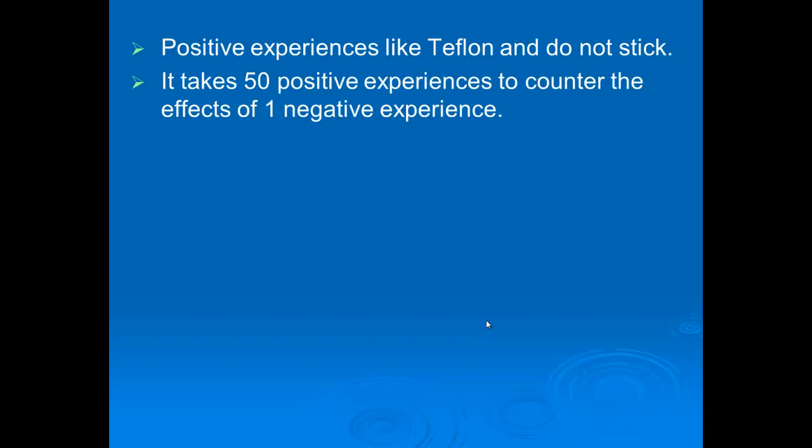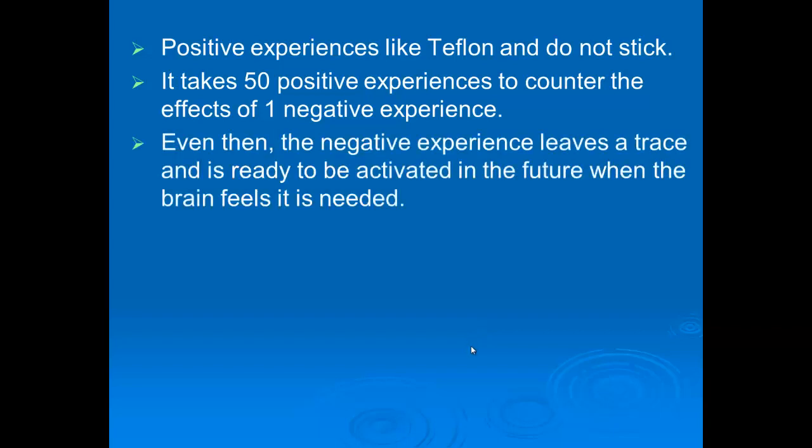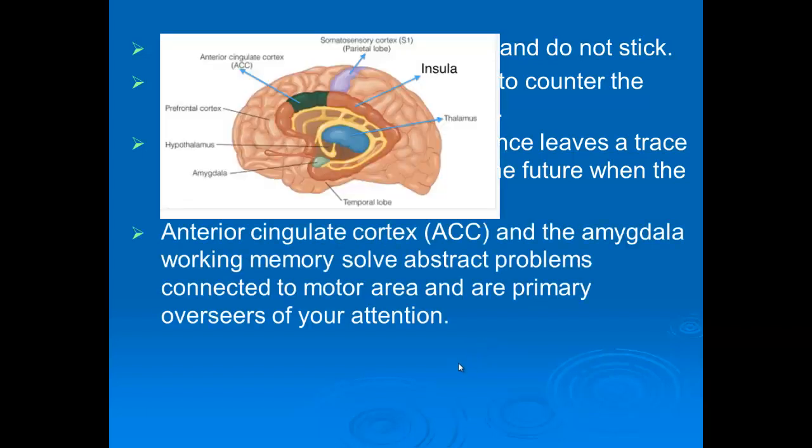It takes about 50 positive experiences to overcome one negative experience. That's the power of negative experiences. So even though the negative experiences are gone, they don't completely ever leave. They leave a trace and they are ready to be activated in the future if the brain feels it needs it. So it's very interesting how negative memories affect us.